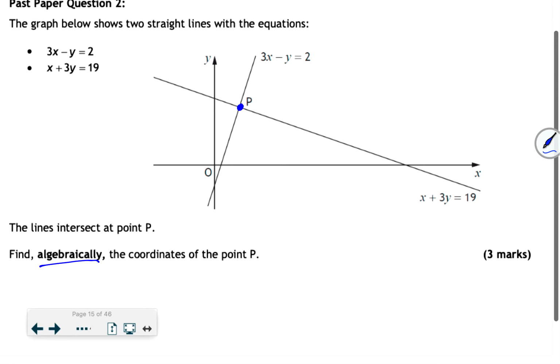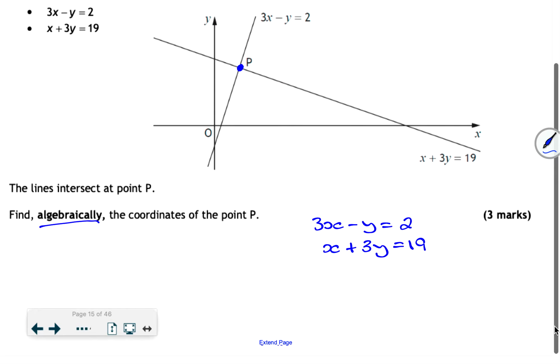So what have we got here? We have 3x minus y is equal to 2 and x plus 3y is equal to 19. Now, there's really a choice of method here. You could use the substitution method if you wanted. You could make the bottom equation say x equals 19 minus 3y and substitute in that value of x.